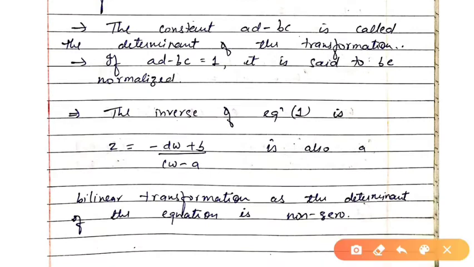The constant AD minus BC, we have seen that AD minus BC is not equal to 0. So what is AD minus BC? AD minus BC is the determinant of transformation. Now if AD minus BC is equal to 1, it is said to be normalized. This you have to remember.